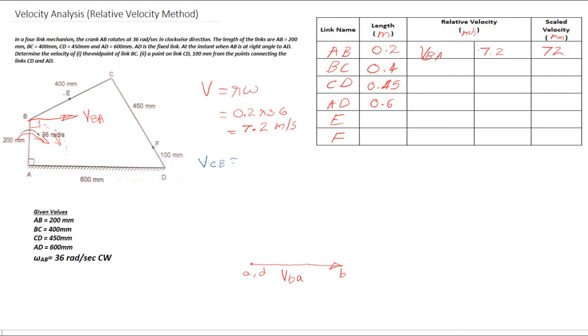So I am drawing the direction of this velocity vector, perpendicular in both directions, either in this sense or in this sense. Both senses are possible. So from this point I am drawing this velocity vector which is perpendicular to the link BC.